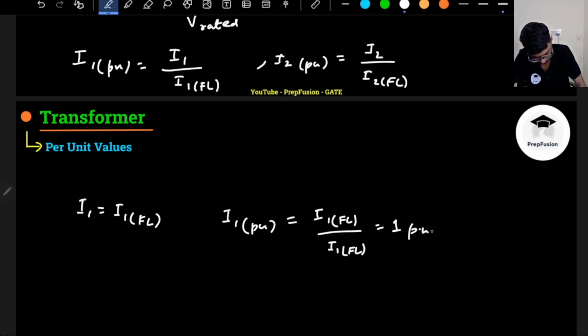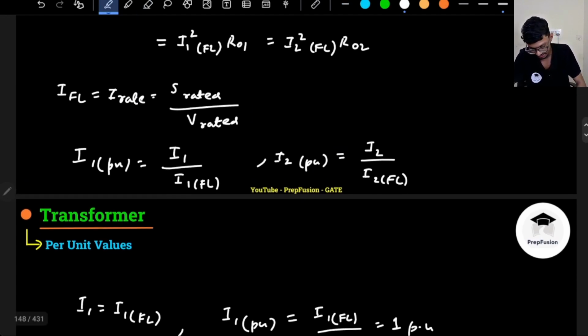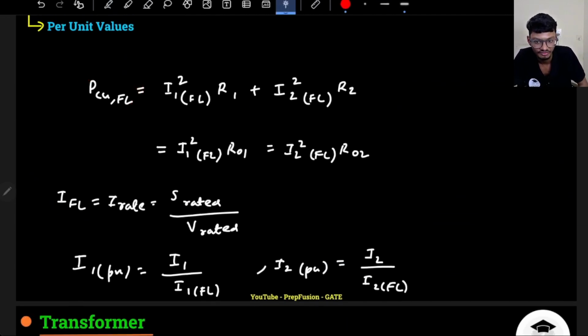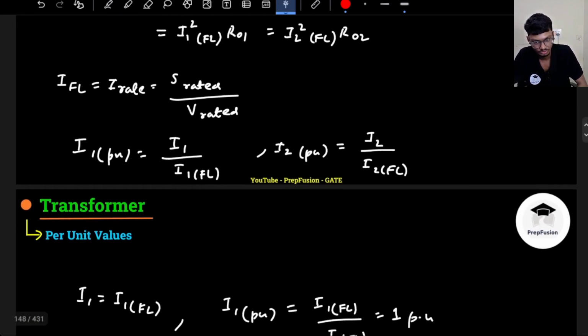Okay, 1 pu. So if I replace at full load, what will be the pu FL? That is what I want to calculate.